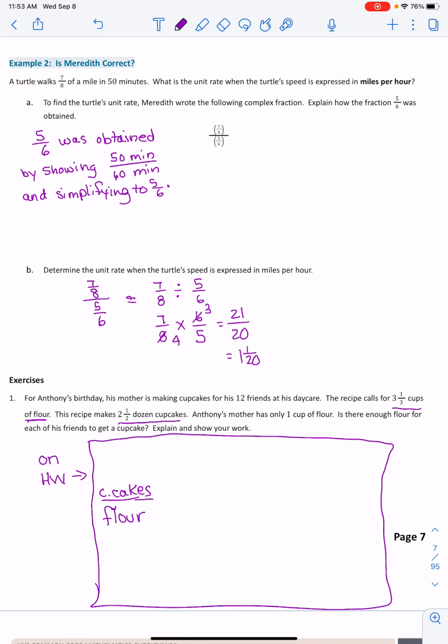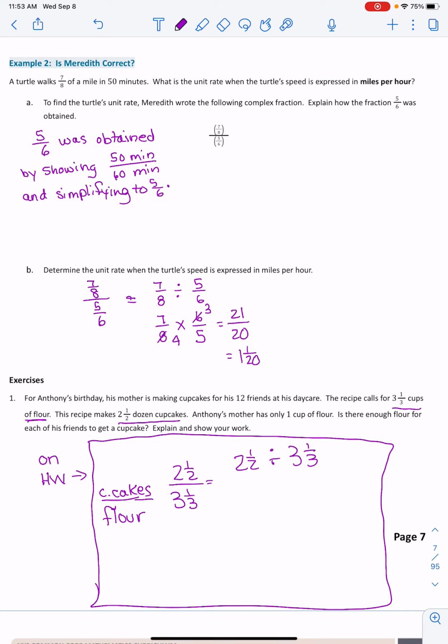So we have 2.5 divided by 3 1/3. So here we are going to do 2 1/2 divided by 3 1/3.